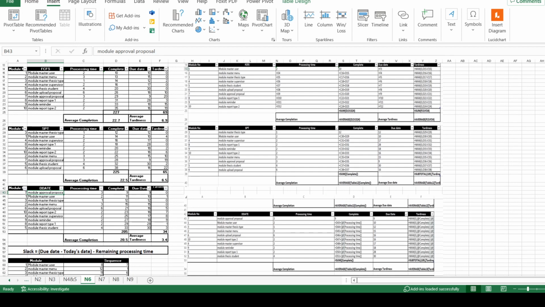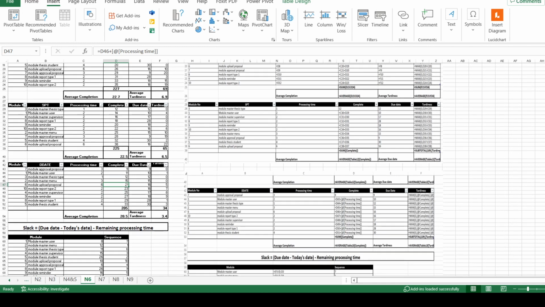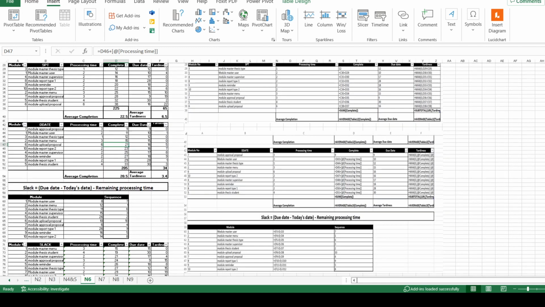It's the same thing: completion adds up, and so on. The average completion is 20.5 and average tardiness is 3.4. The last sequence model is Slack.